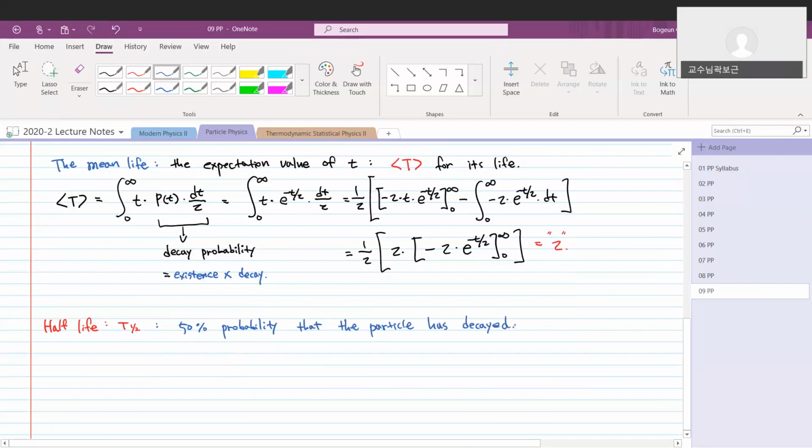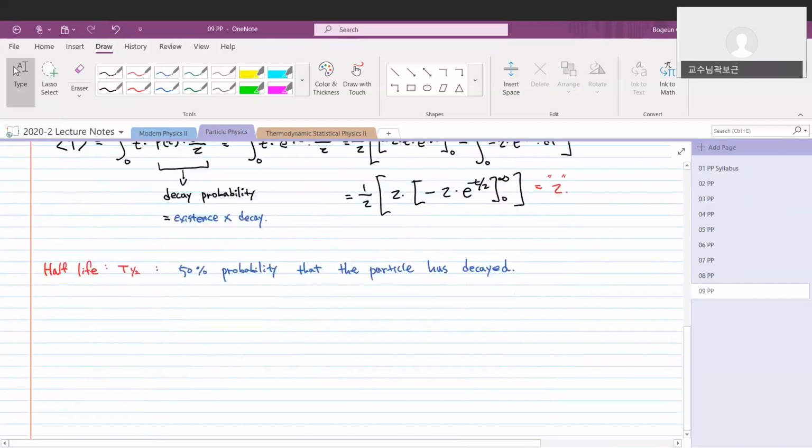So this means the half-life. Then the value of the half-life is quite easy. At the half-life, only 1/2 of the particles are living in our system.